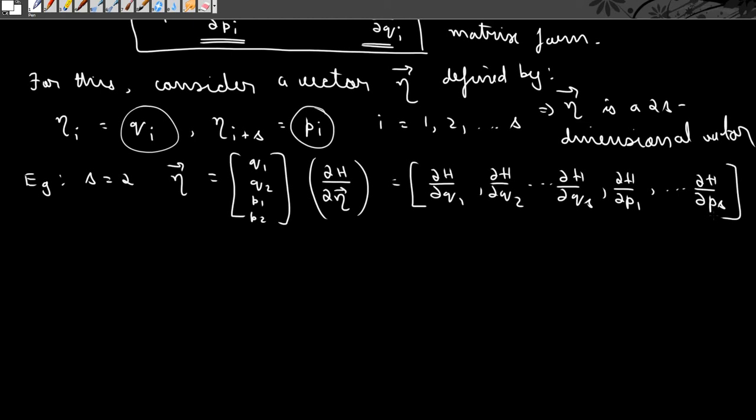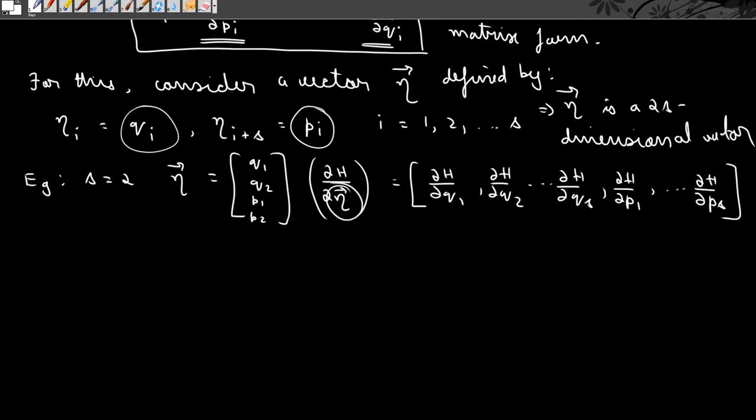So when you differentiate a function with respect to a vector, you get a vector whose components are the partial derivatives of the function with respect to the components of the vector.